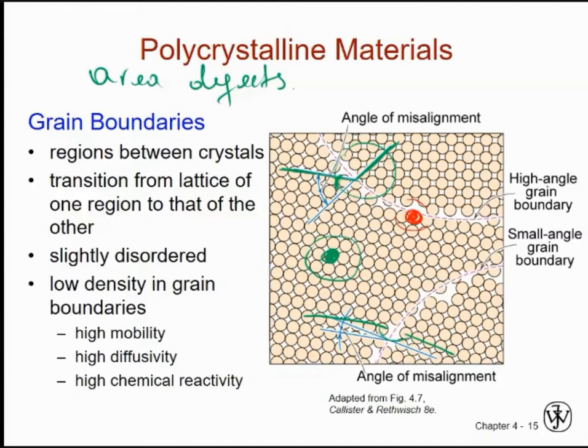It has created some bonds, but they are far away. So it's not satisfied. It has some energy to bond to other elements, to go into chemical reaction with another element. I can say the same thing for all atoms around grain boundaries.